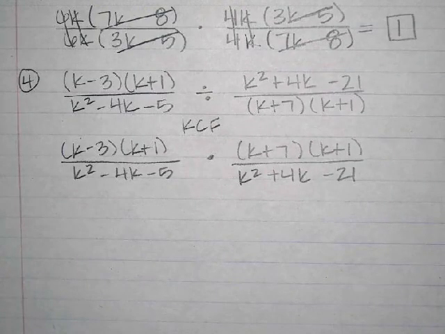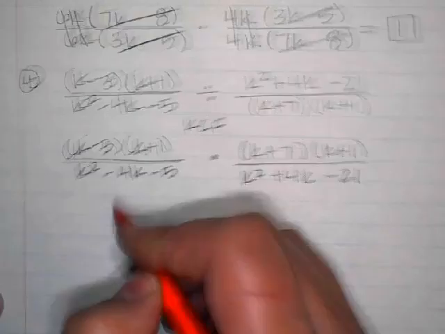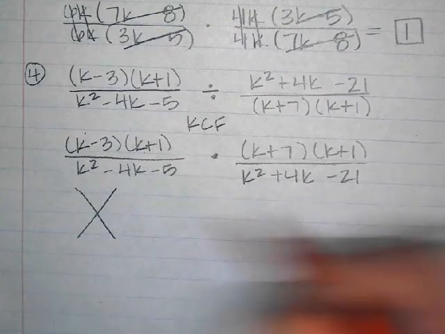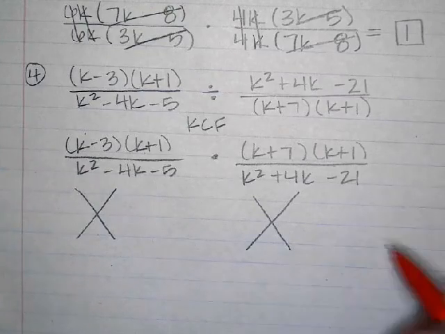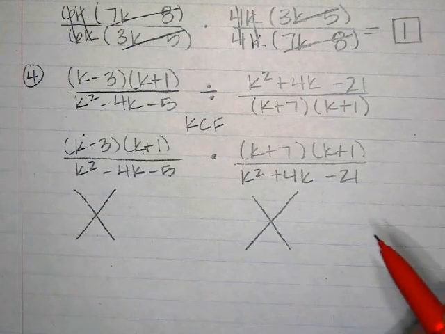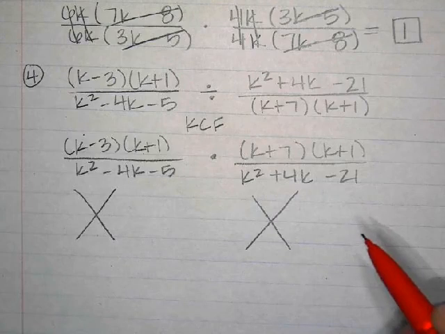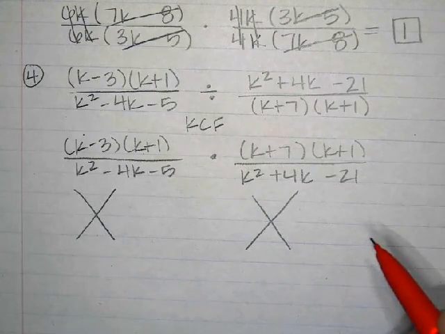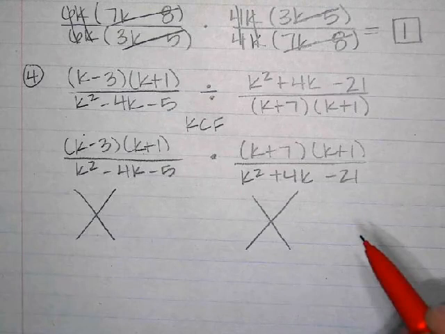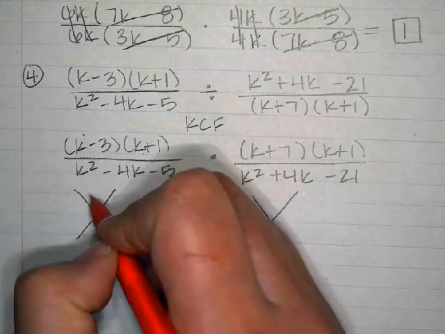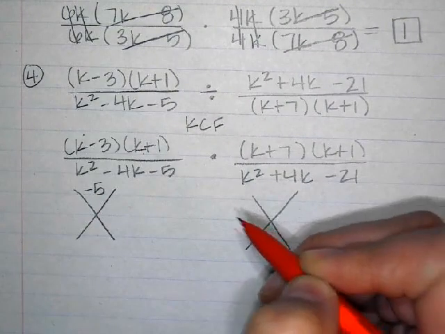And then what do we do? So we're looking for what multiplies to what, adds to what? Multiplies to -5 and adds to -4. -5 and 1, okay.